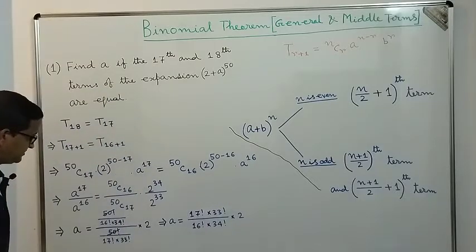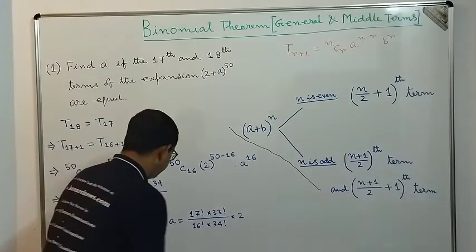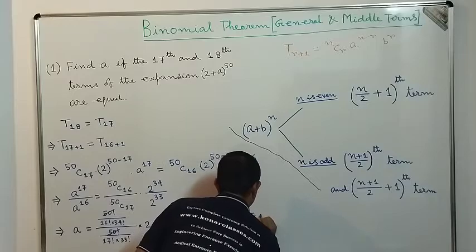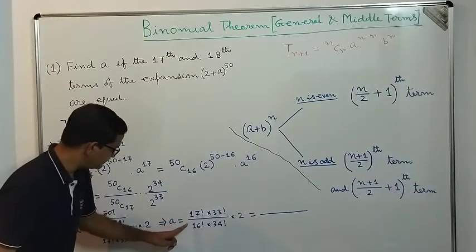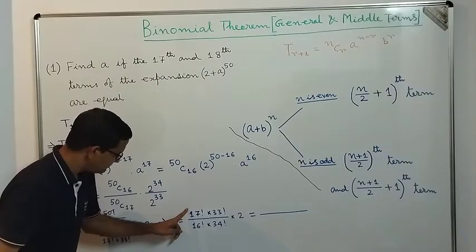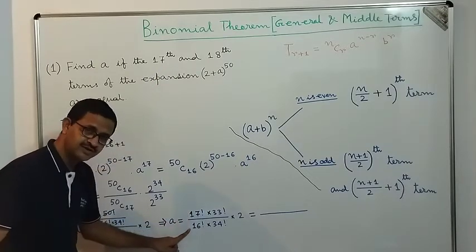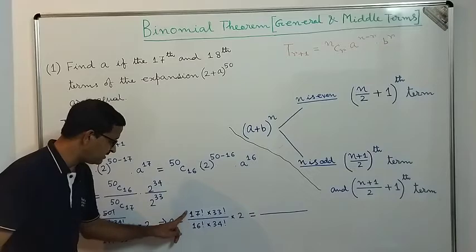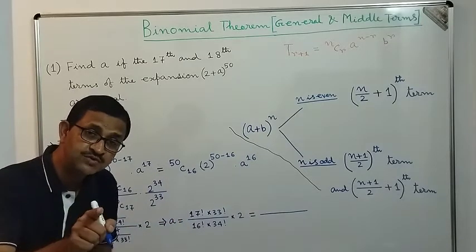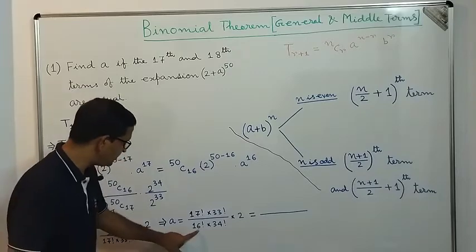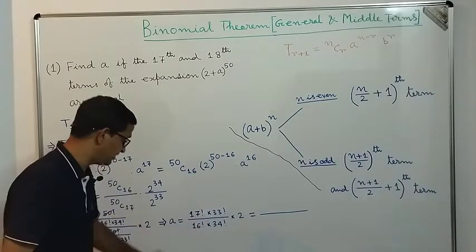Now how to expand? In the permutation combination classes I discussed, 17 factorial and 16 factorial are there. So which one should we expand? 17 factorial, because 17 factorial we can write as 17 into 16 factorial. That will eventually get cancelled with 16 factorial in the denominator.